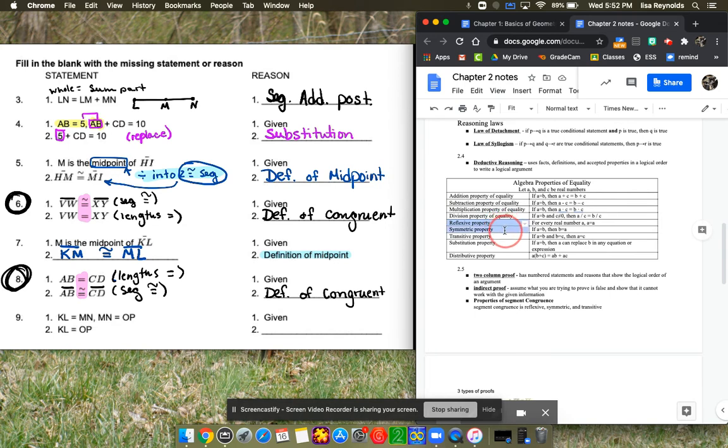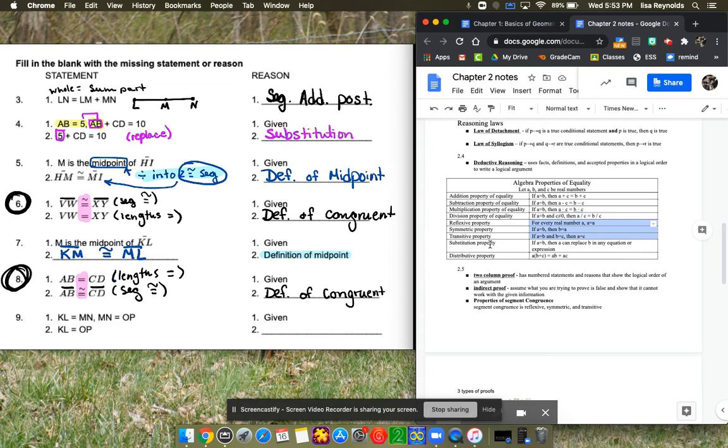and we want to look at these three properties: the reflexive, the symmetric, and the transitive. These three properties talk about things that are equal. So it's just a matter of how many things we have that are equal. Be careful, we're not using substitution.